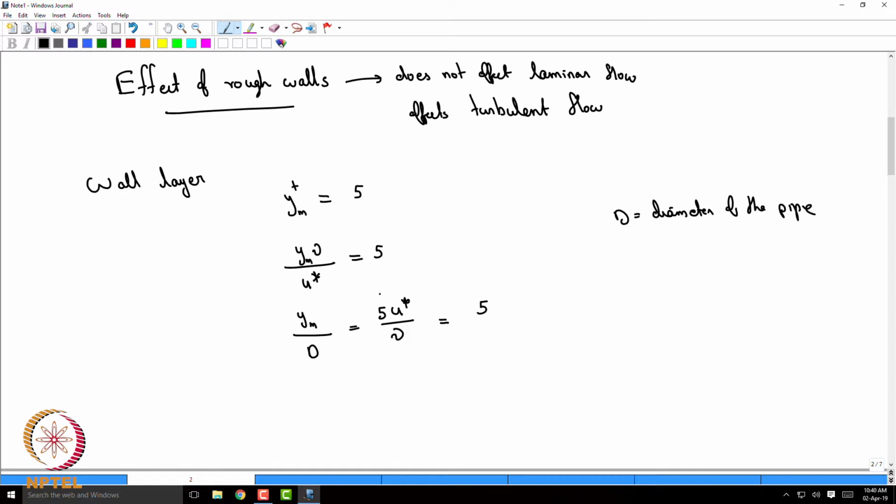Sorry, I made a mistake. No, this is y divided by d, there's a d here, right? So I'm just dividing by d on both sides, because what I'm going to calculate now is the thickness of the wall layer compared to the diameter of the pipe. So I'm looking for a fraction which is y max divided by the diameter of the pipe.